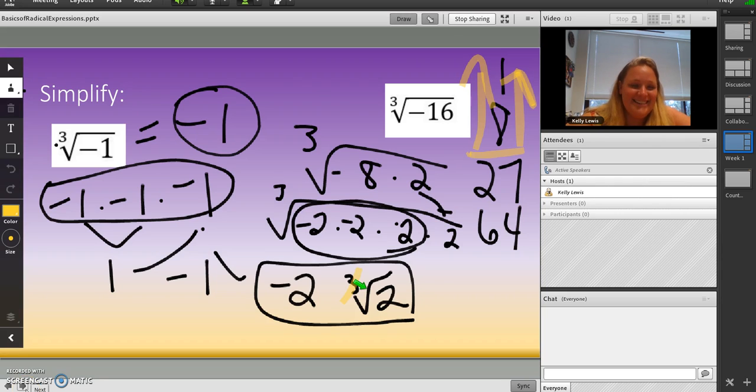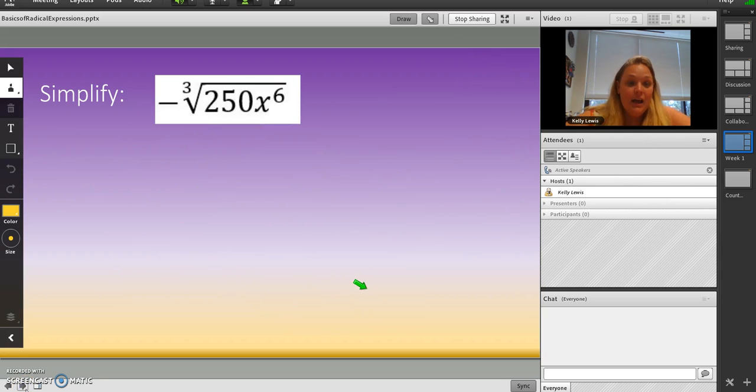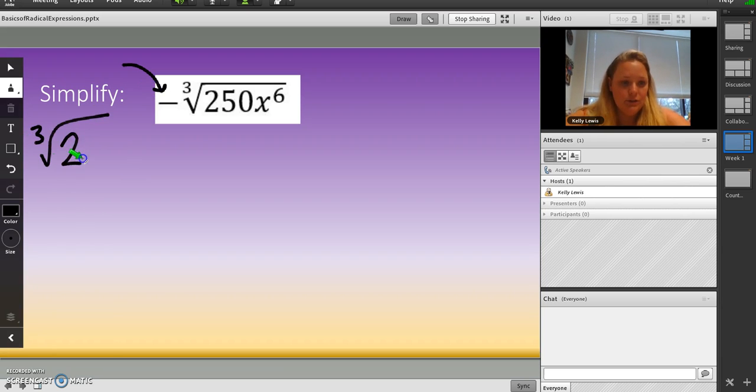All right, let's go to the next slide. So this negative means that at the very end, we're going to have a negative on the outside. I'm going to take the cubed root of 250, and the cubed root of x to the 6th.